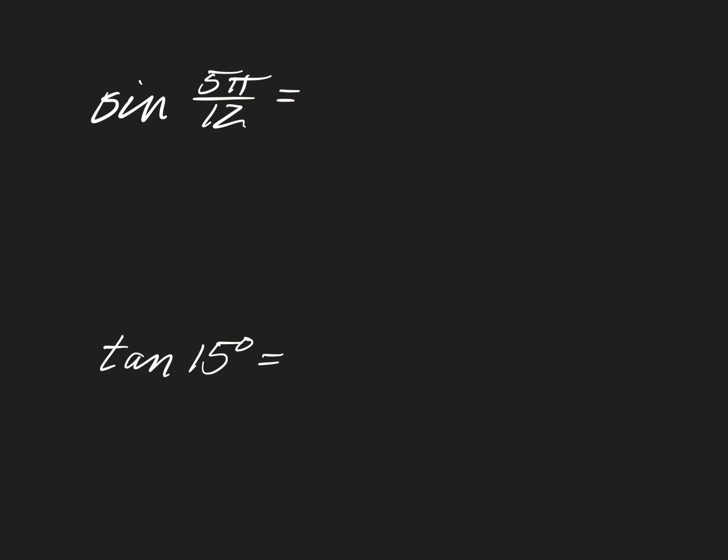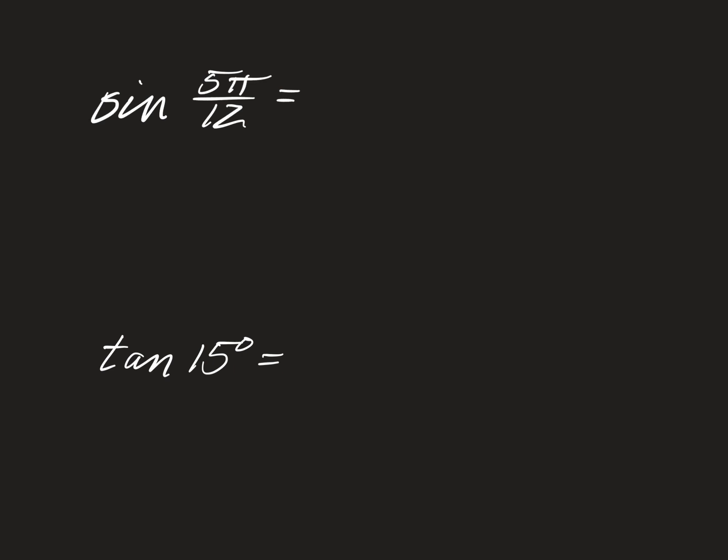So in other words, our special angles are 0, 30, 45, 60, and 90. But if you can find an easy way to calculate 15 degrees, or multiples of 15 degrees, like 75 degrees, then you can do these problems. So here's a quick example: the sine of 5 pi over 12. Well, how do you get 5 pi over 12?